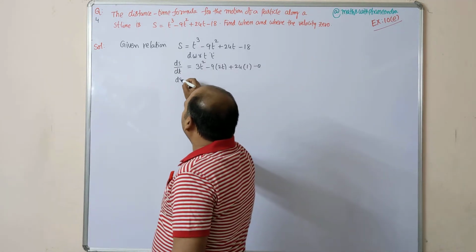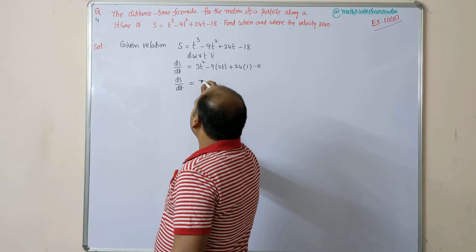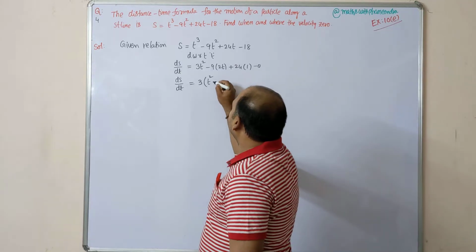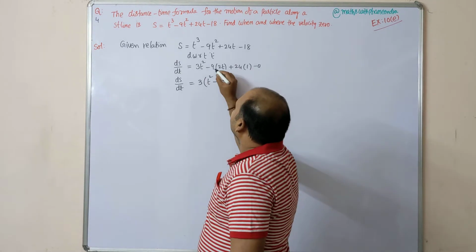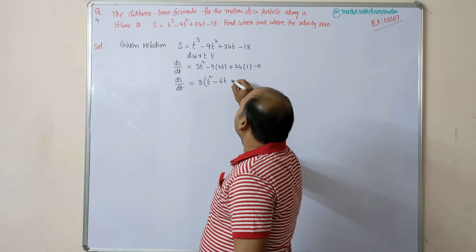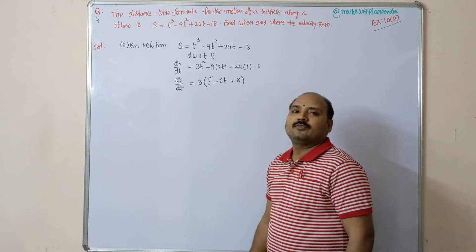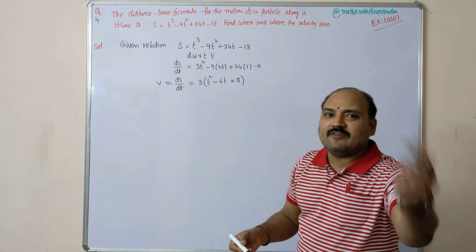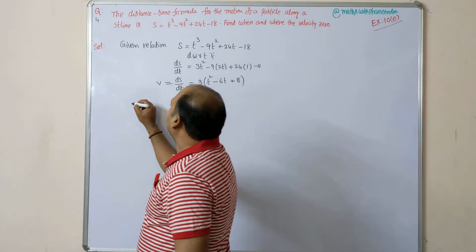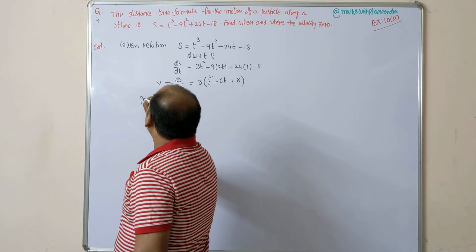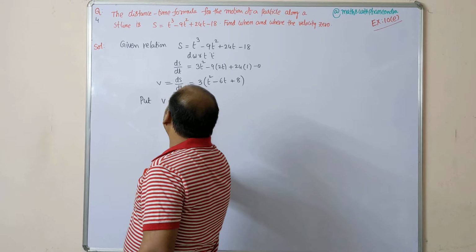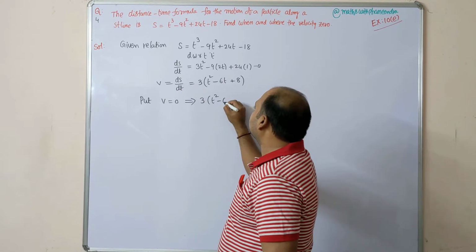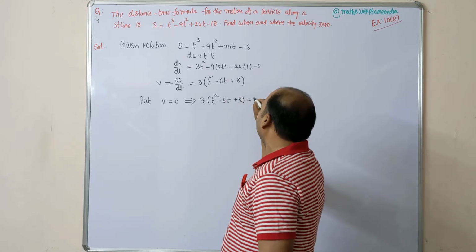So ds by dt is equal to 3 take common, t square minus 6t plus 8. This is ds by dt, the velocity. When and where the velocity is 0 means first velocity take 0. Put v equal to 0, that implies v value is this only, no? So 3 into t square minus 6t plus 8 equal to 0.